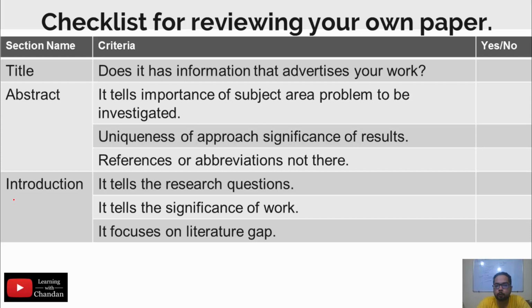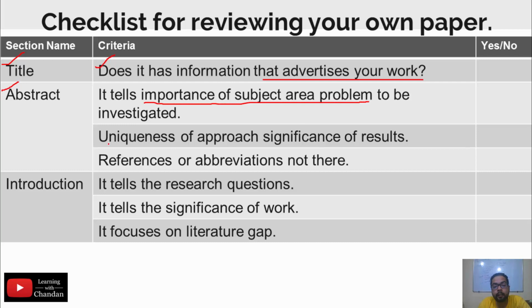So how are you going to check your own paper? Here I have made a checklist by which you can check your own paper. For the title, you have to check whether it has the information to advertise your work. In the abstract, you have to check whether it tells the importance of the subject area.